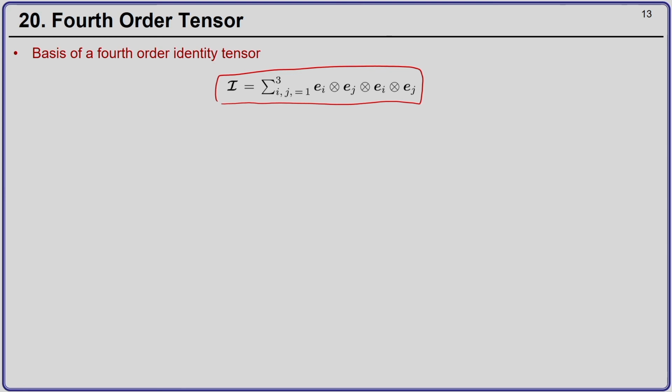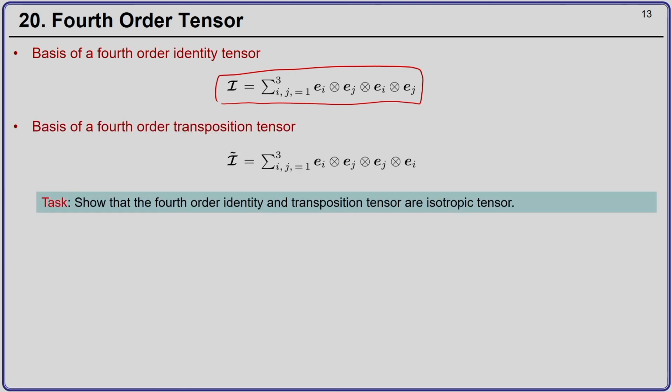Okay. This is very simple to show. Similarly, the basis for the fourth order transposition tensor will be E_i tensor product E_j tensor product E_j tensor product E_i.